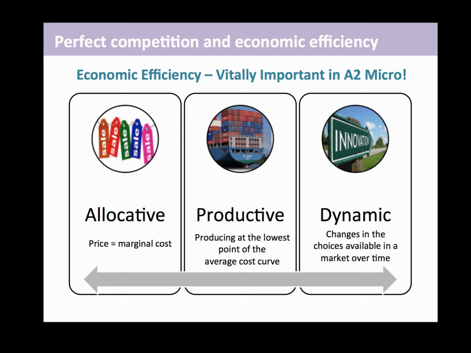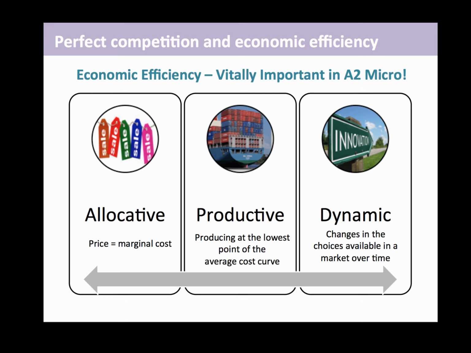In a competitive market, that will be the case. Productive efficiency is when firms in the market are selling their goods and services at or very close to the lowest point of their short run or their long run average cost curve. In other words, they're basically supplying what they're producing at the lowest feasible unit cost.